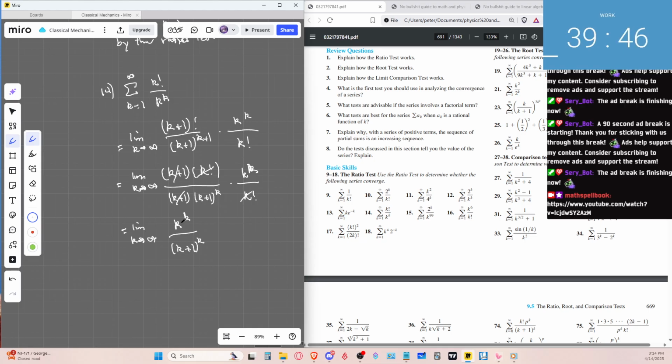Okay, so in this case, this will go to infinity. They both go to infinity at the same rate. The thing is that the bottom is a little bit bigger than the top.